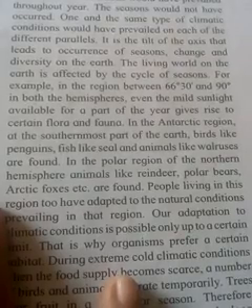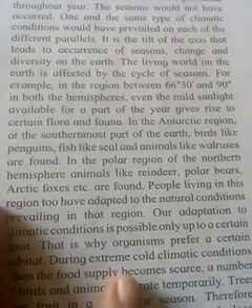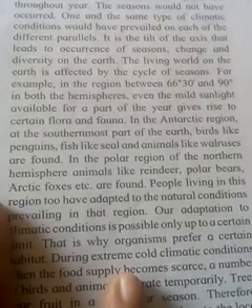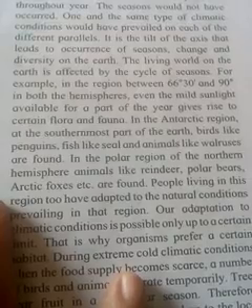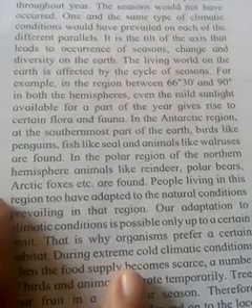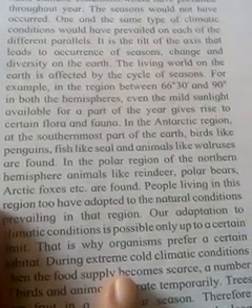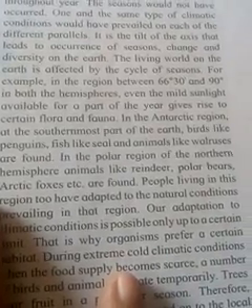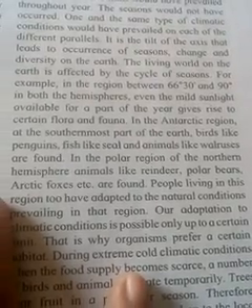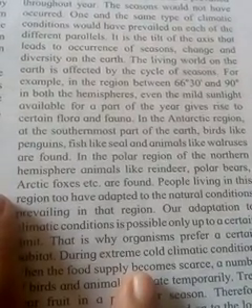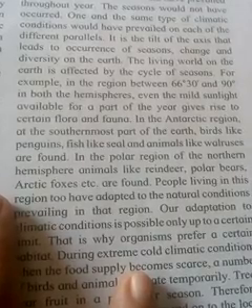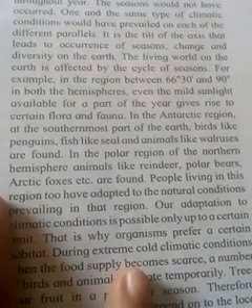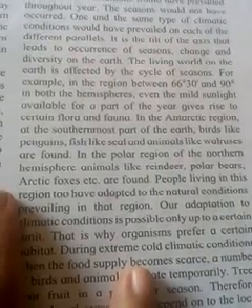For example, in the region between 66 degrees 30 minutes and 90 degrees in both hemispheres, even the mild sunlight available for part of the year gives rise to certain flora and fauna in the Antarctica region.